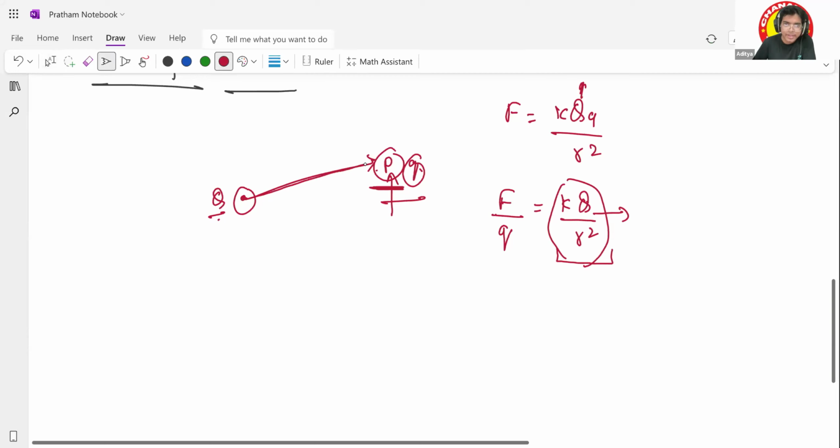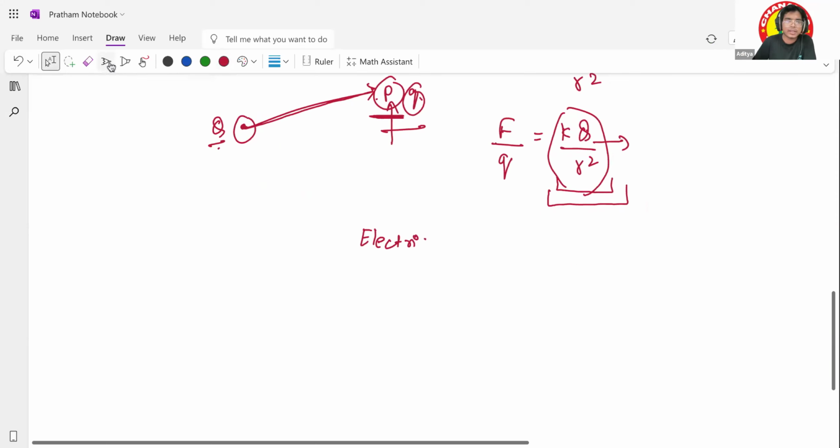This distance can be in this direction also, or this direction also, because right now I have written it in scalar form. If I had to write it as a vector, I can put r unit vector, and say it is restricted to this direction. So I am getting something from it. This something is nothing but your electric field intensity.